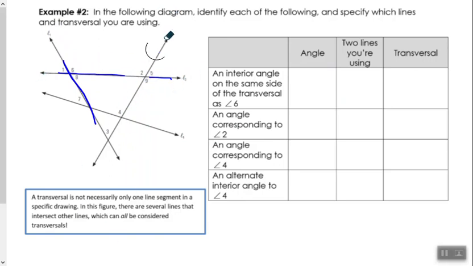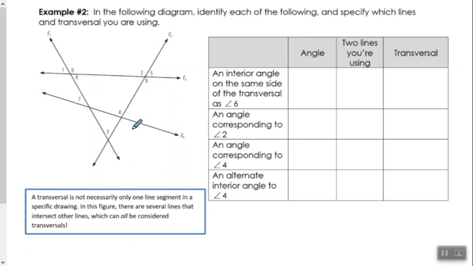But there's a bunch of lines that cross together, so I could also look here. So this line and this line with this transversal, because this cuts both of these lines. I could look onto the other side, these ones, so this would be my transversal, 2 lines, or I could look down here, so transversal, and then line and a line. Okay, so it's really going to depend on what angles you are looking at.